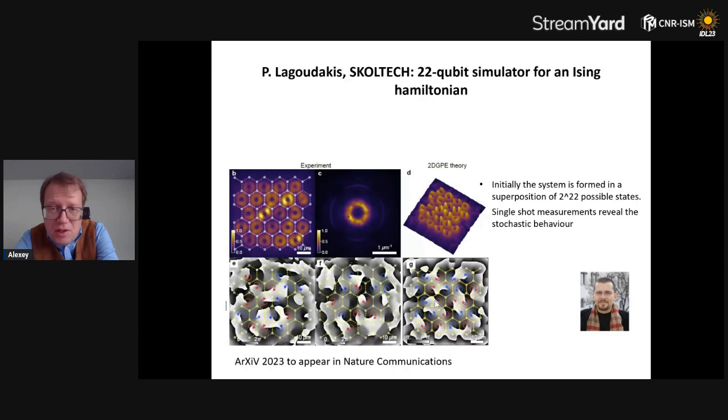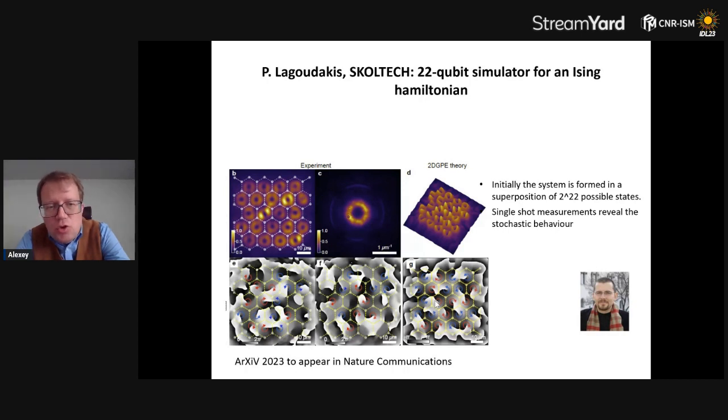And actually what it simulates is an Ising Hamiltonian, because every vortex can be mapped to a spin that has 2 classical projections, up or down, that correspond to clockwise and anti-clockwise direction of current, of polariton current. And with this system, you can find a minimum of a quantum Ising Hamiltonian.